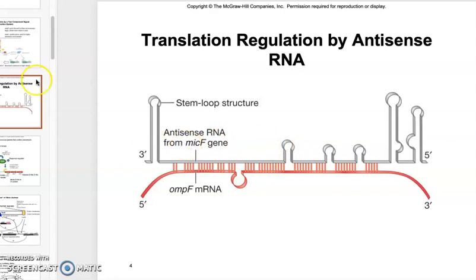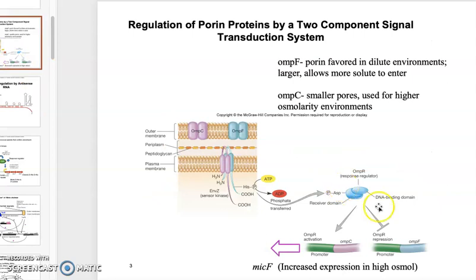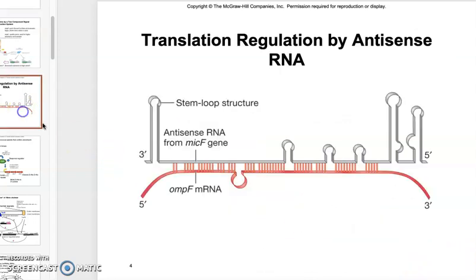As a result, any bits of OMP-F transcript that were produced before OMP-R phosphate turned it off would be turned off. That's a fine-tuning mechanism so that your progeny cells don't have as much OMP-F. So again, it's a double layer regulatory mechanism.